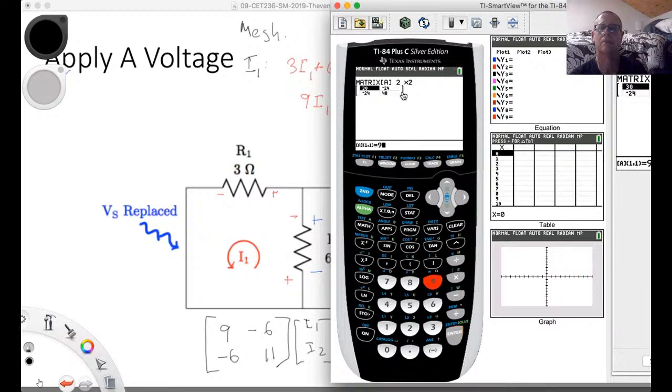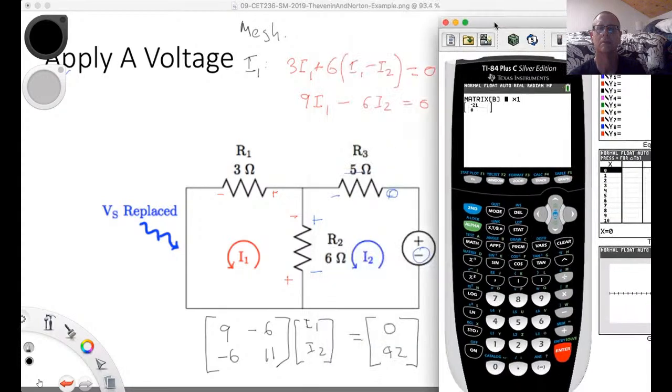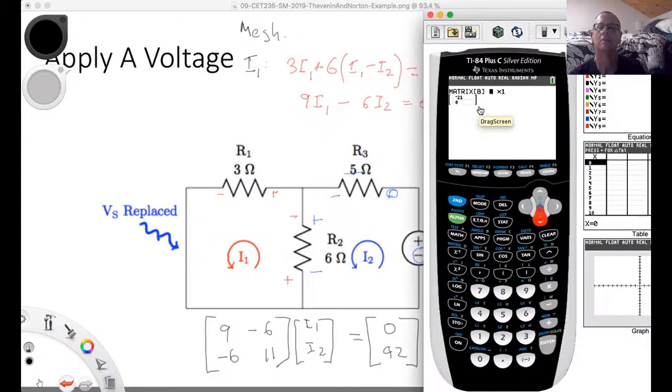Now instead of that we've got 9 and then minus 6, and then minus 6 and 11. Okay, and then I'll go with B. So second matrix, edit B, and for B I need to have 0 and 42.